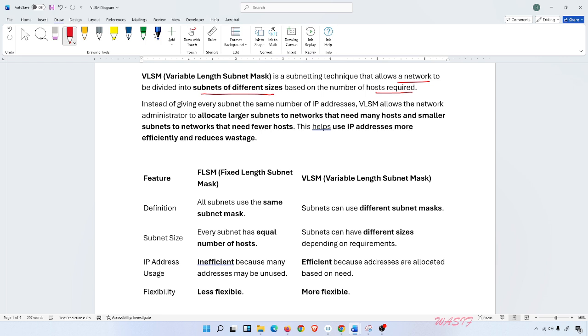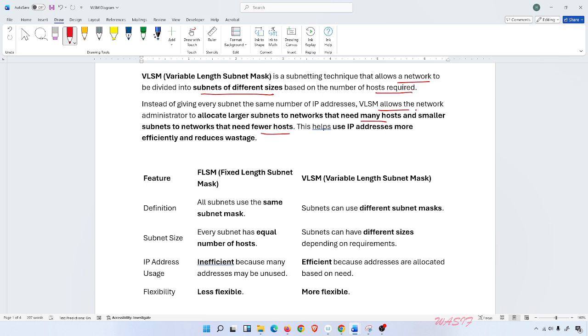Instead of giving every subnet the same number of IP addresses, VLSM allows the network administrator to allocate large subnets to networks that need many hosts and smaller subnets to networks that need fewer hosts. So your subnets will be of different sizes.